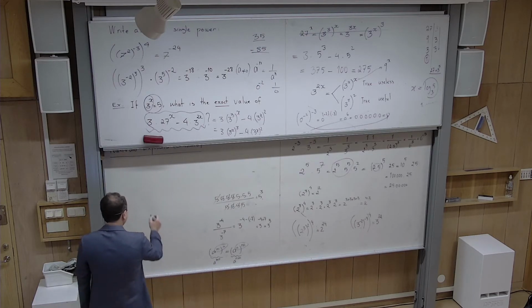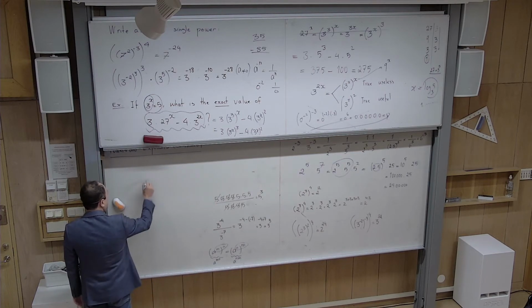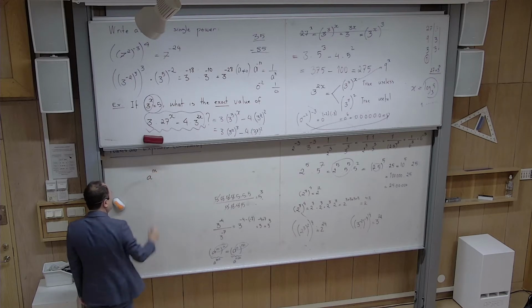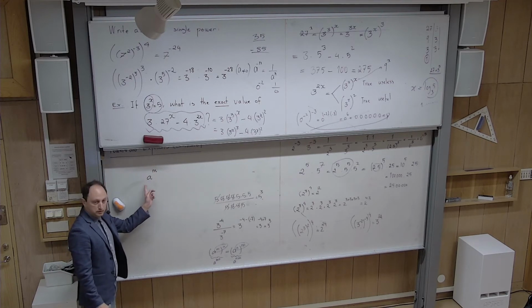If I write 2 to the... let me write it with letters. I write a to the power of m. I just want to review something. What is this called? A power. And then what is this number called? The base. And what is that number? The exponent.